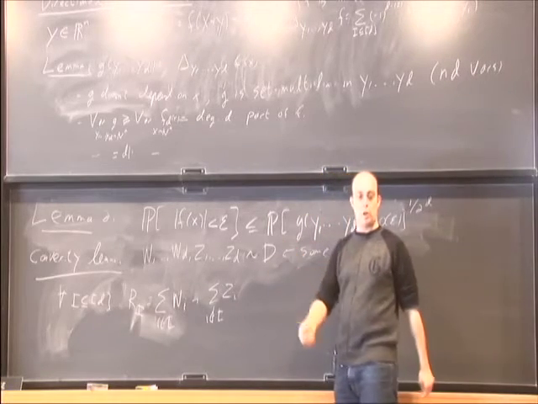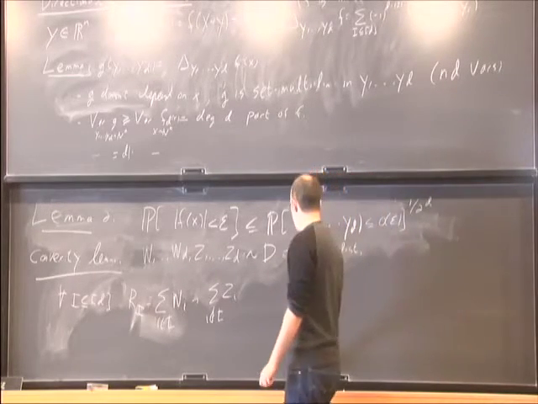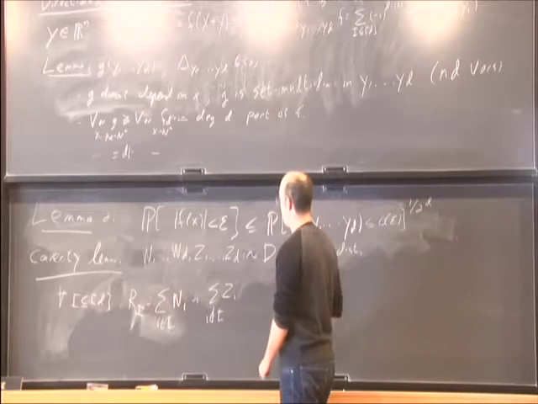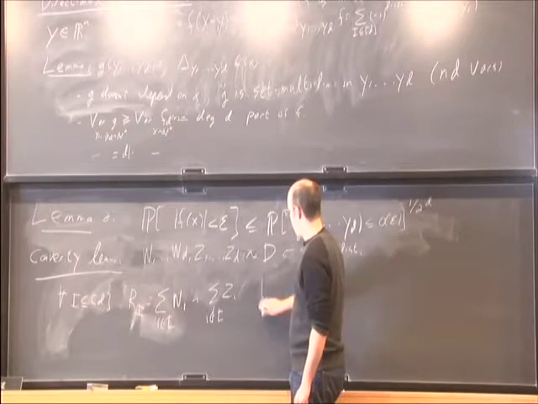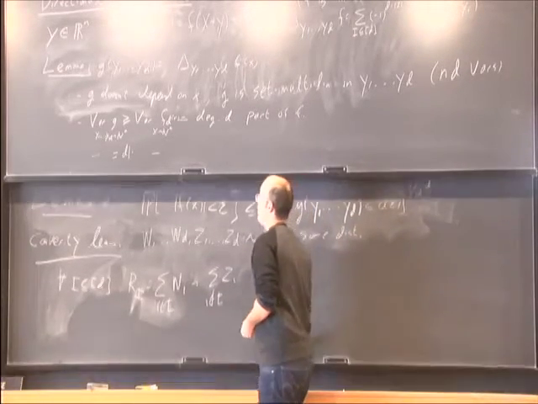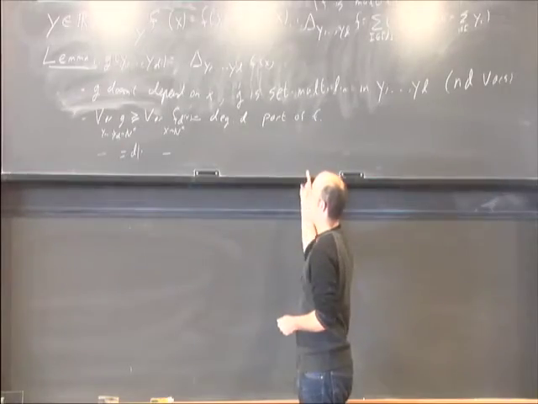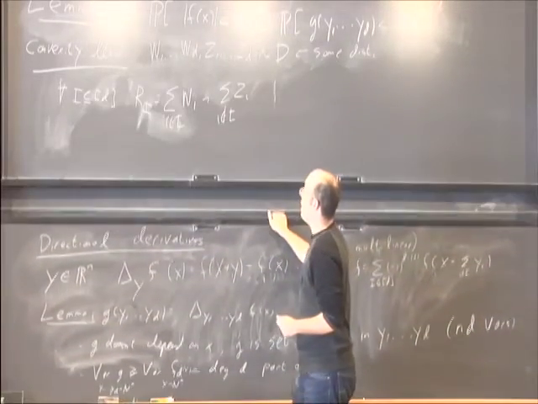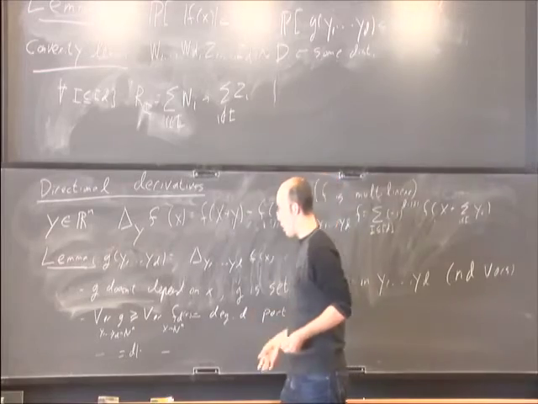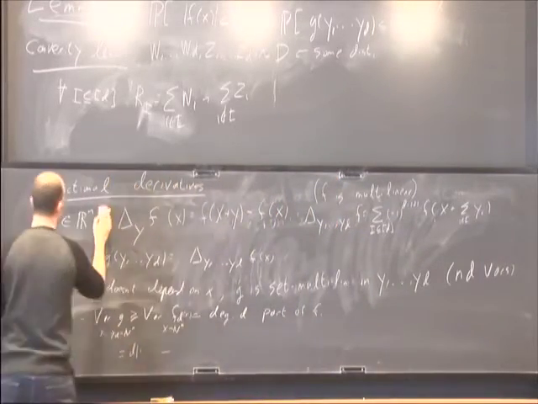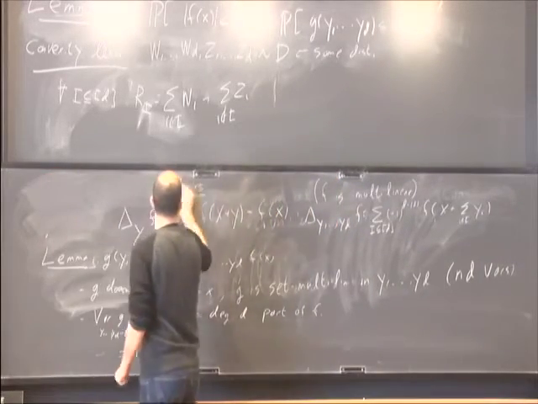And we have 2 to the d such options. And the claim is that those distributions are somewhat positively correlated in a very strong sense.